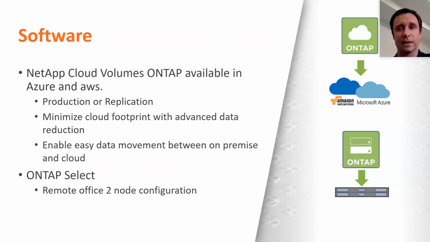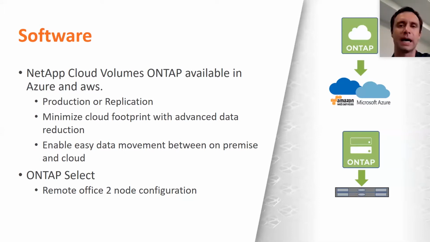Well, now we have the ability to run essentially OnTap as software-defined storage, and serve up Ethernet volumes to our guest virtual machines or other hosts in the environment, so that we don't have to deploy a full-blown array. So again, some really nice flexibility, and notice we're talking about OnTap for Cloud Volumes and OnTap Select.